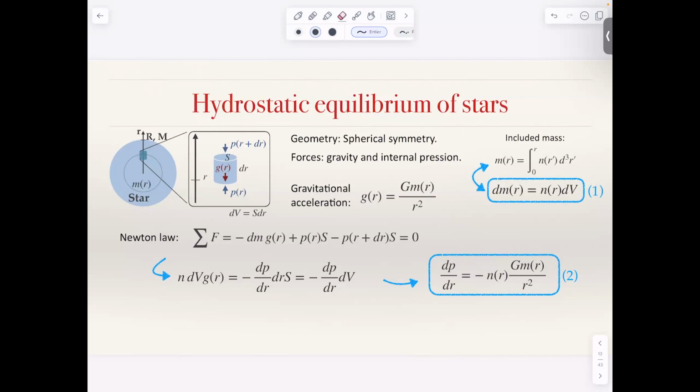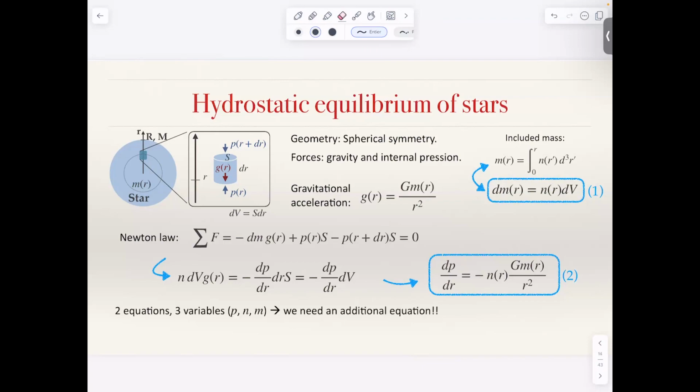And the pressure profile, if you go from the center to the radius of the star, because of the minus sign, you see that the pressure is decreasing. This is also something that we expect: the pressure starts at a finite value and decreases to 0 when it reaches the radius. Everything clear? I guess this is just some simple things.